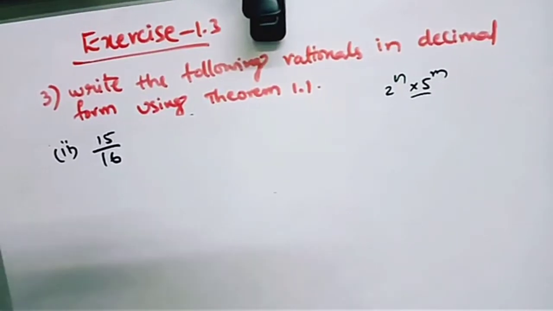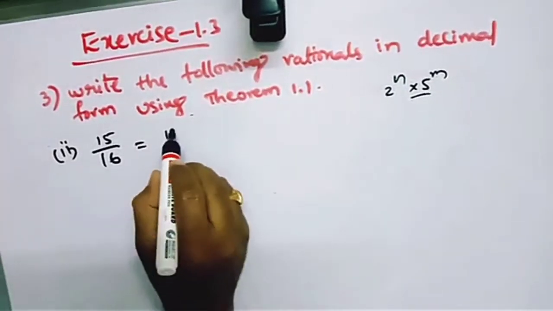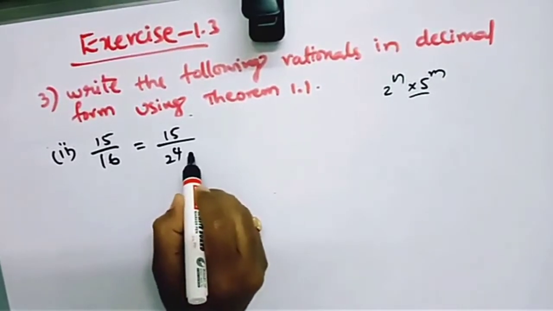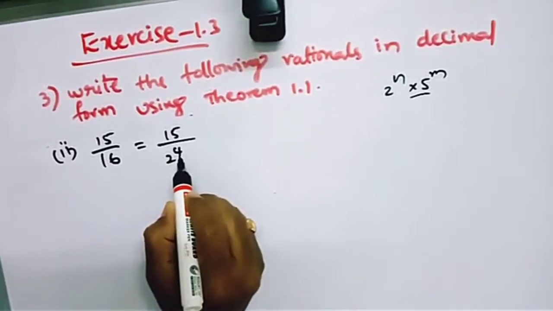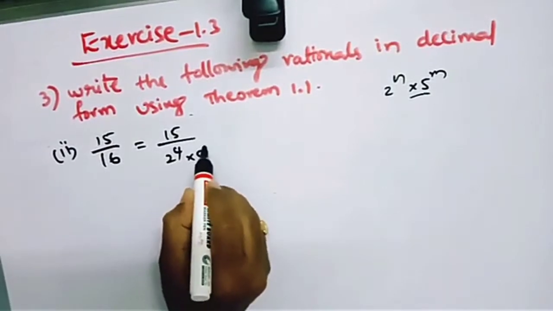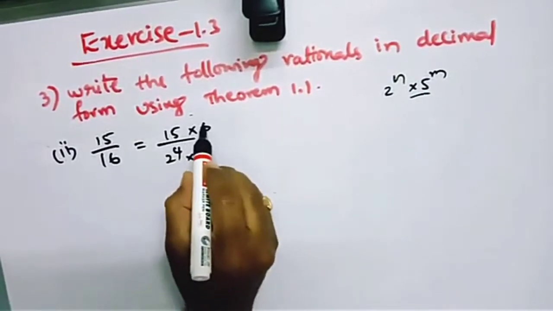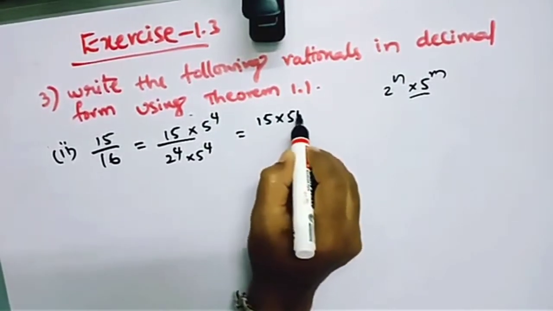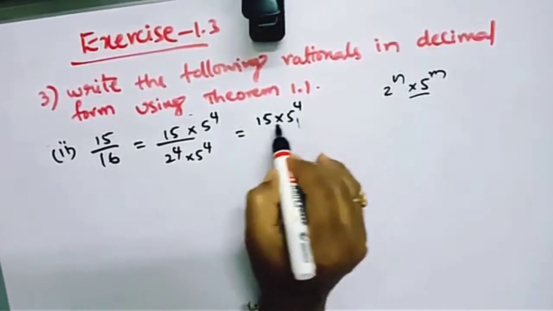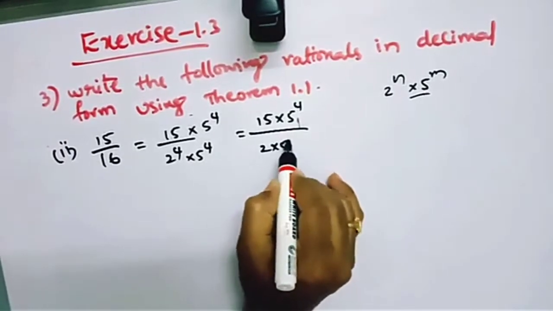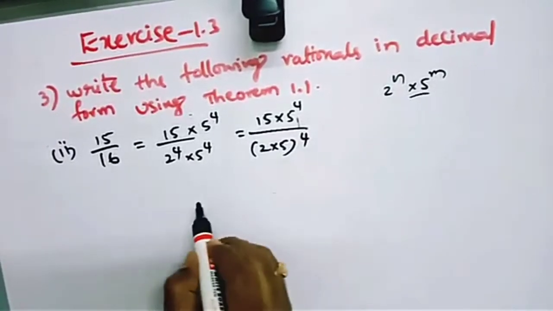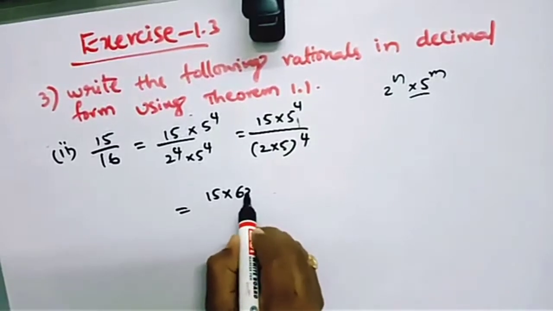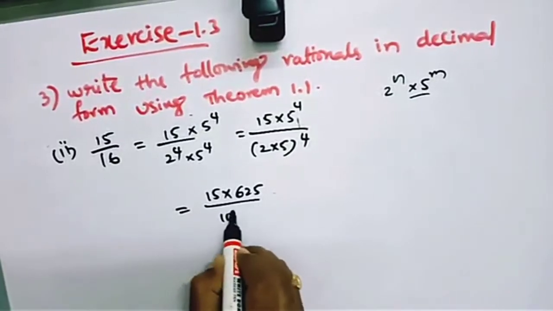Next, 15 by 16. You should write 16 as 2 power 4. To get the denominator as tens, hundreds or thousands, we need 5 to the power of 4. So the numerator should be multiplied with 5 to the power of 4. Then you will get 15 into 5 to the power of 4 by 2 into 5 whole to the power of 4. Then 15 into 5 to the power of 4 means 625 by 10 to the power of 4.